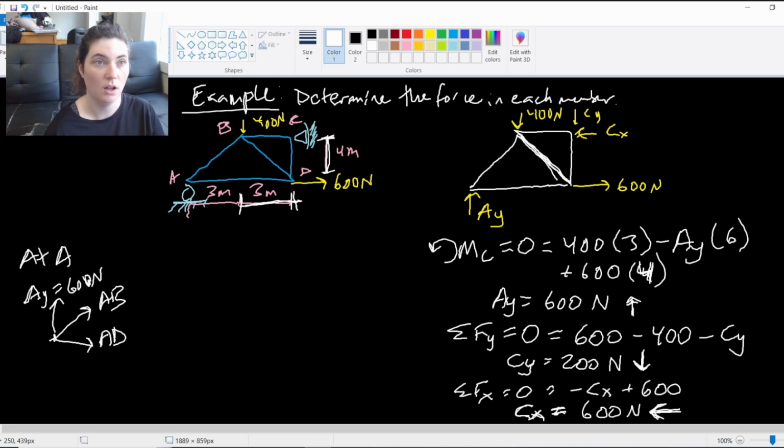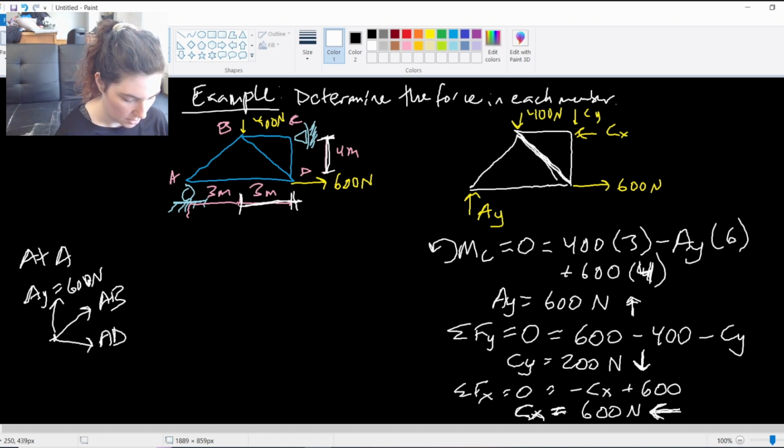So now I can apply my equilibrium equations to solve for AB and AD, right? Now you'll notice this here, even though no angle was given, I have a 3 meters, a 4 meters, making this a 3, 4, 5 triangle.